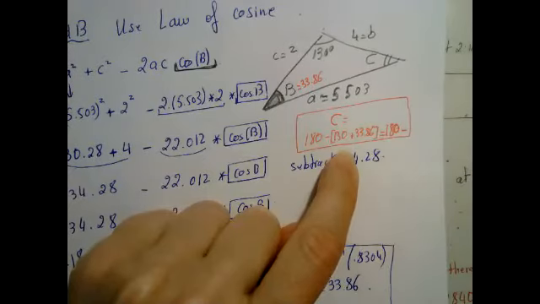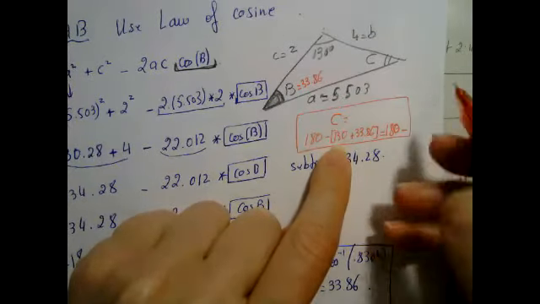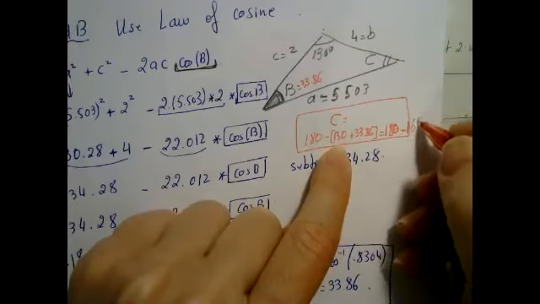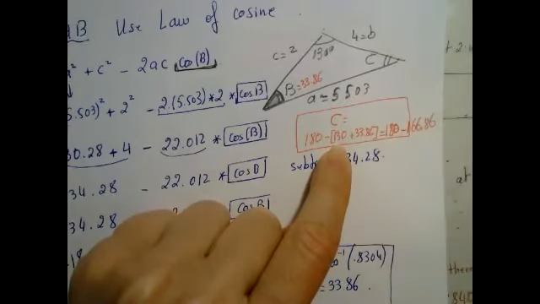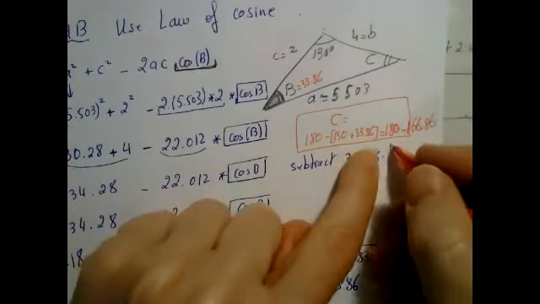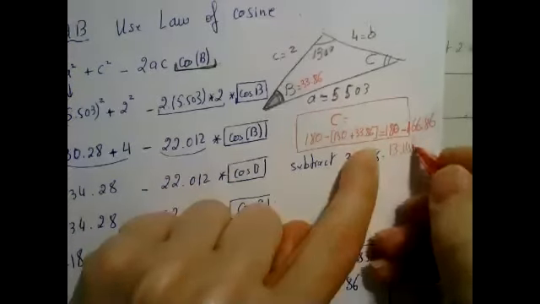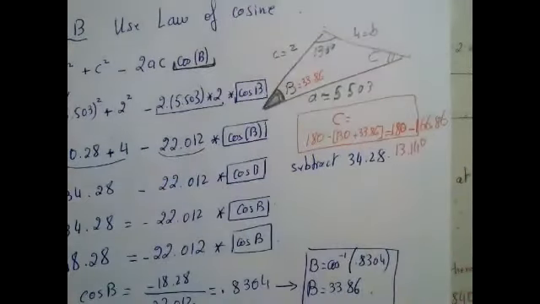If I add those, I will get 166.86. So finally, I need 180 minus 166.86, and this will give me 13.14 degrees. And this way, I'll find my angle C.